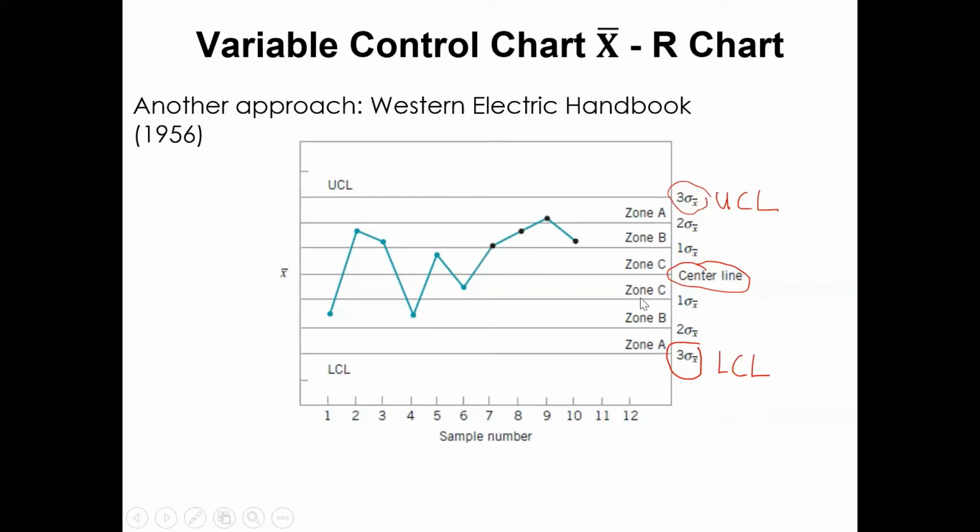To split, we identify 2 additional lines that we call the 1 sigma line and 2 sigma line, and then 3 sigma. 3 sigma basically refers to the upper and lower control limits.